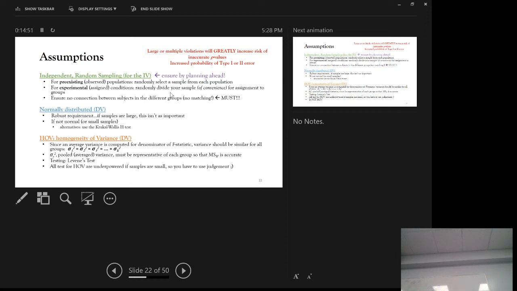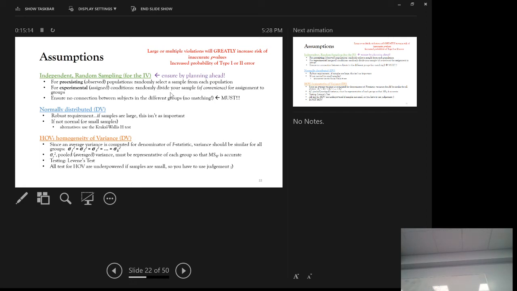Now, does it have to be an identical number? No. There's a rule of thumb to eyeball it. If any of the variances, not the standard deviations, the variances, are more than double another one, then you usually have problems. You can do Levene's test to actually get the p-value, but that's kind of an eyeball test.